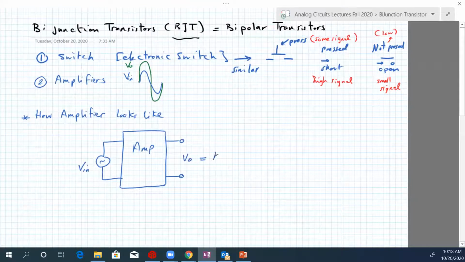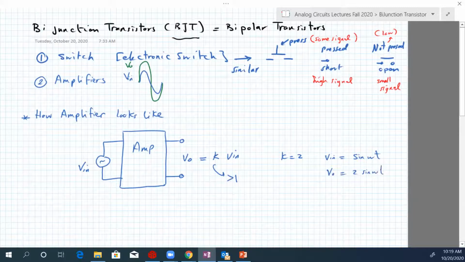It should be equal to some constant K greater than 1 multiplied by V input. For example, if K is equal to 2 and V input is sine omega t, V output will be 2 sine omega t. So if the V input is something like this, V output will be doubled.